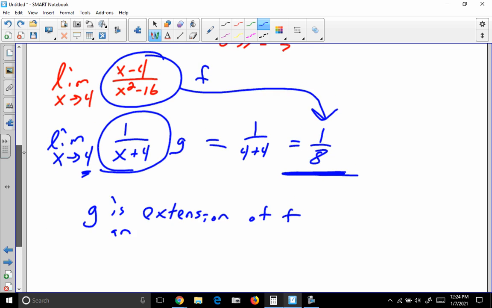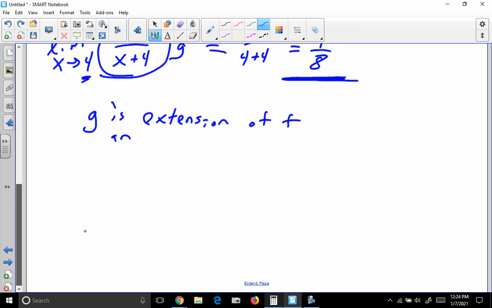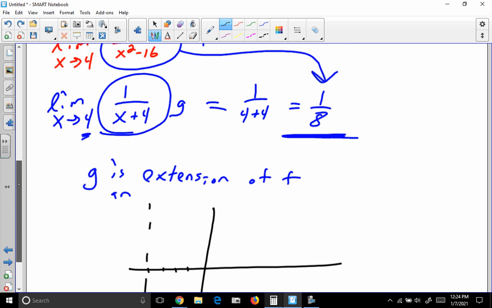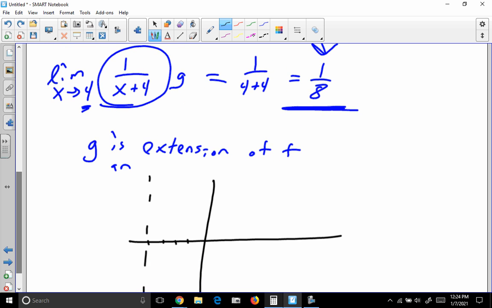So let's see. If we graph these two, at negative 4, both functions are undefined, so we actually have a vertical asymptote there. Now, when x is 4, g is 1/8, so that's that, and we're here.